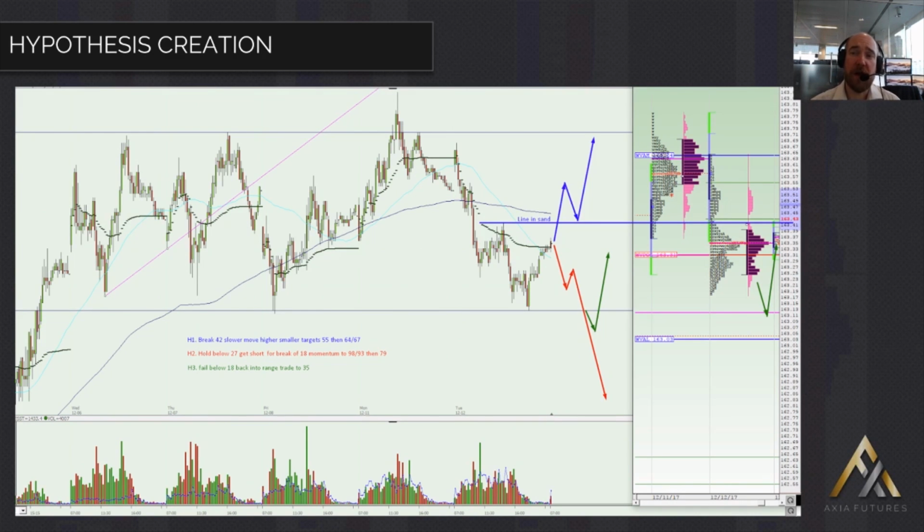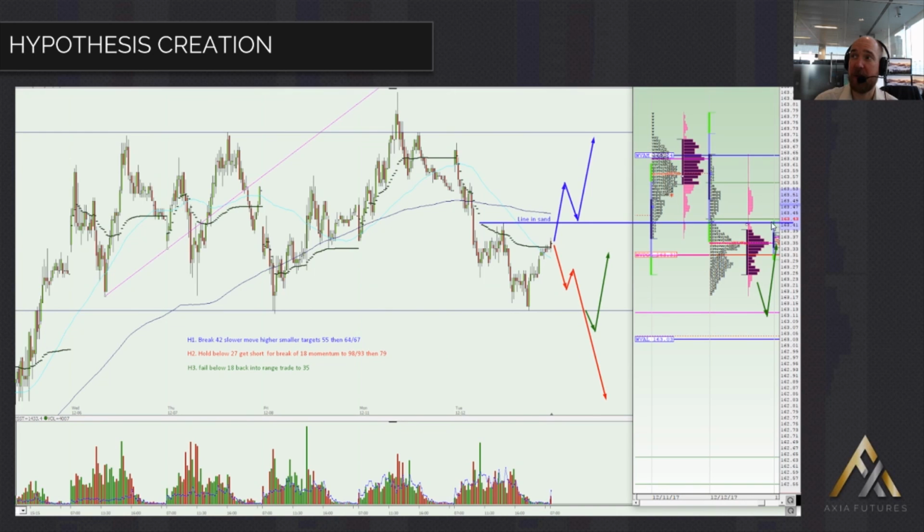Hypothesis 1. Look, if we get a break of 42s, then I'm looking for a slower move higher, and it's going to be more sort of stuttered in the way it moves higher. So we're going to look for small areas to take a little bit of a break at. So going to the profile, if we break these 42s, this is your line in the sand. Above 42s, then I think you start looking up to these single prints at 55, which could cause a reaction.